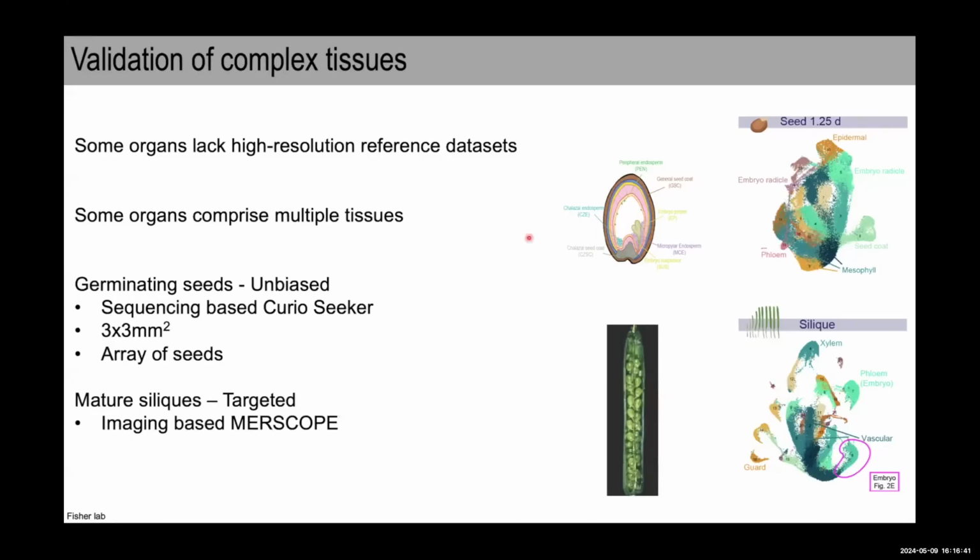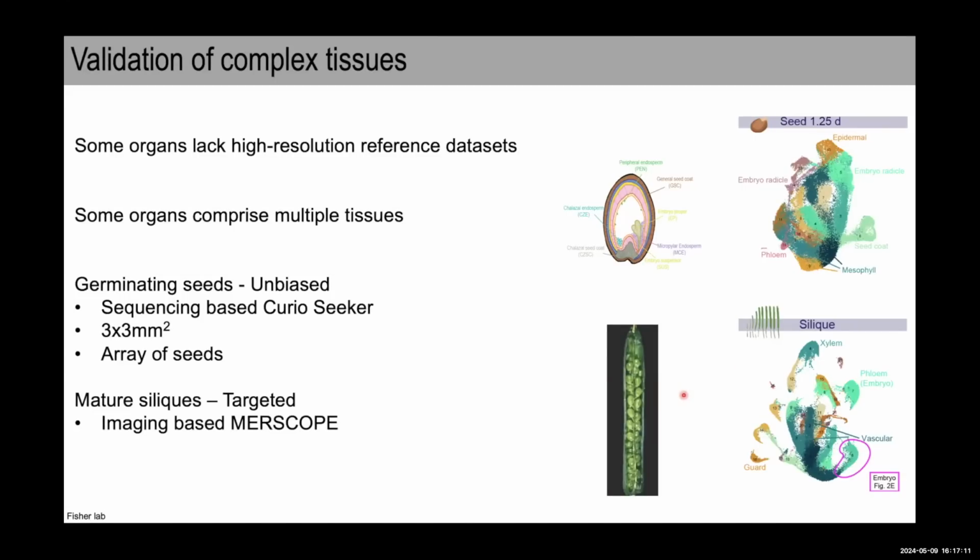For example, with the seed, what is inside is the seed proper and also the embryo within. So that's two different tissues. And with the Silique, we have the Silique tissue proper, which is the fruit of the plant, and also the developing embryo and seed within. So the complexity of these data sets made annotating the clusters challenging.